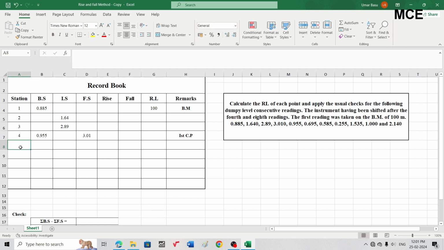After that, for station 5, the reading will again be written in the intermediate sight column, which is 0.695. For station 6, its reading will also be written in the intermediate sight column because we are not changing the instrument, so 0.585.